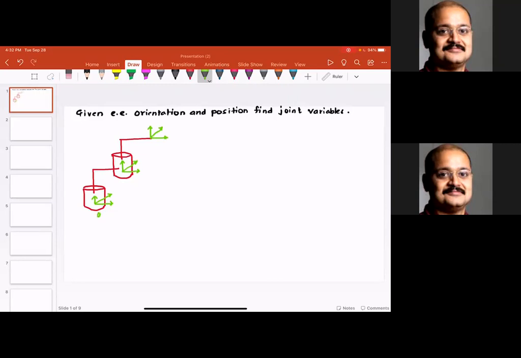Frame 0, frame 1, frame 2. The joint variables are theta 1 and theta 2. Now, if you were to look from top, this robot arm would look something like this.